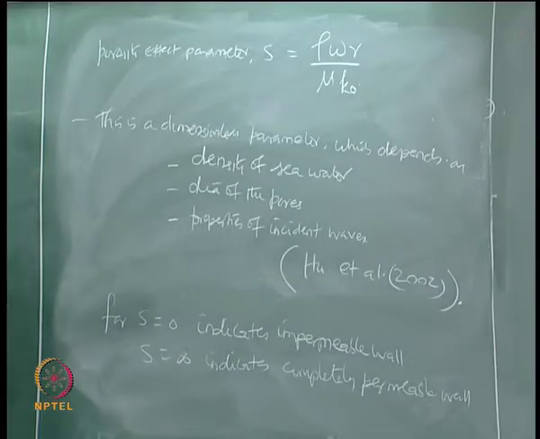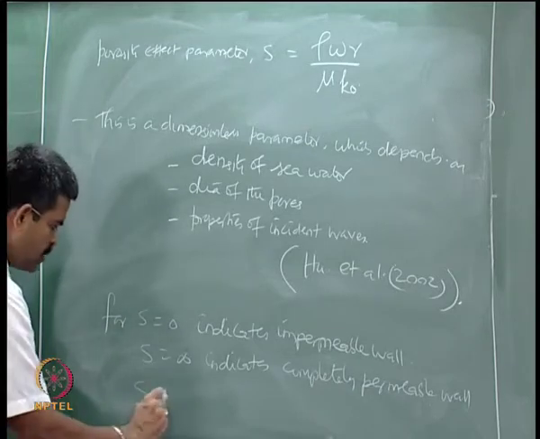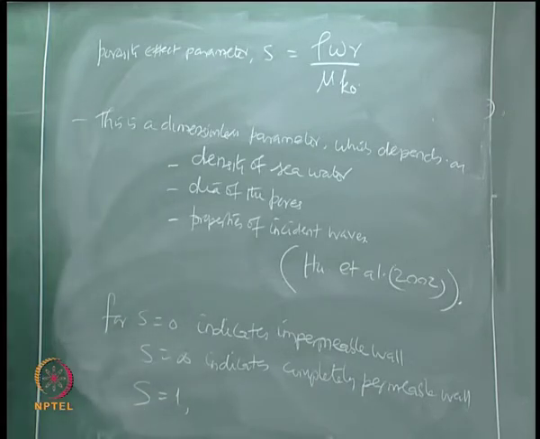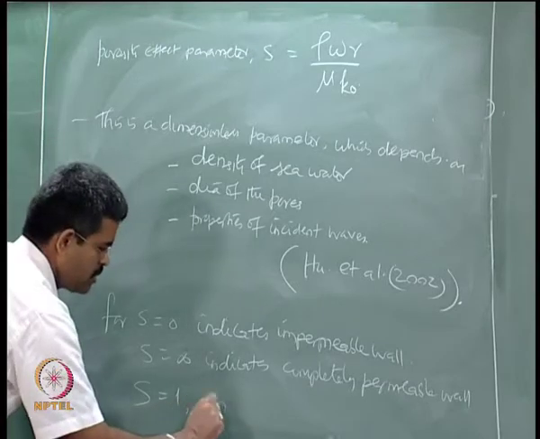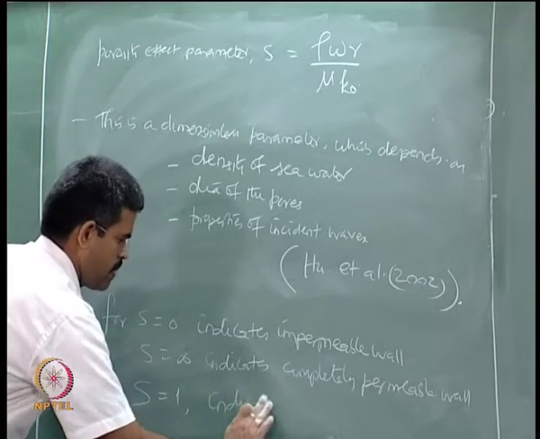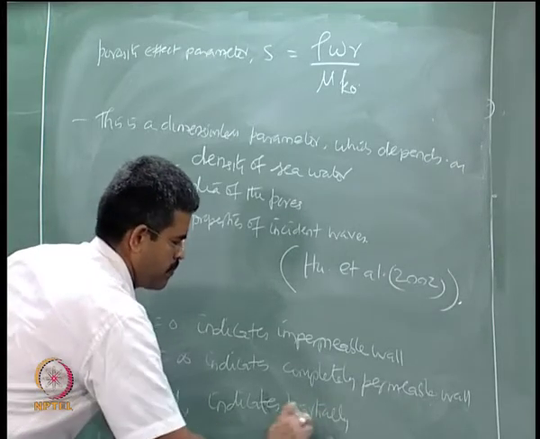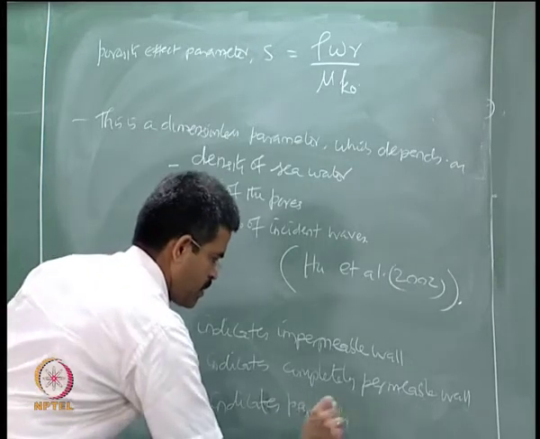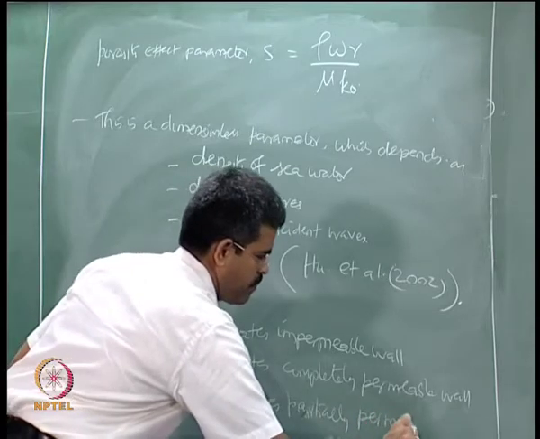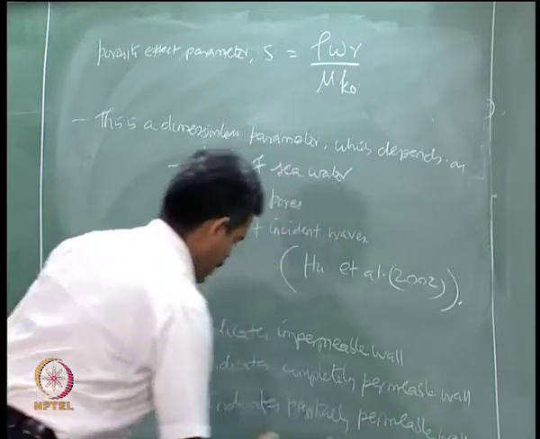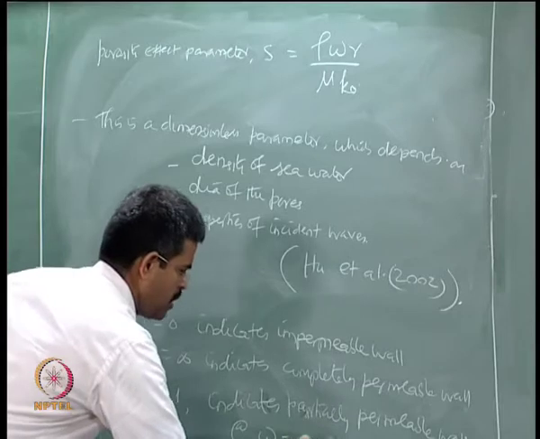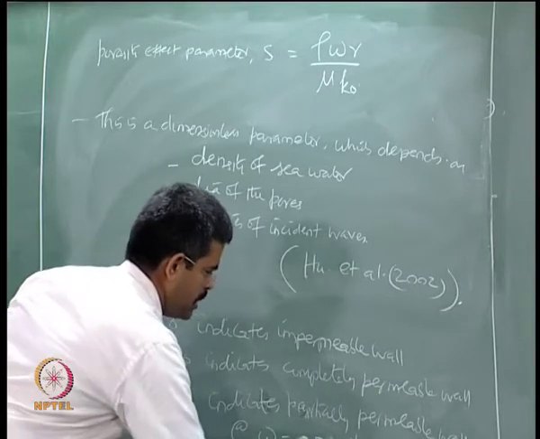In the present study we have assumed S is equal to unity, which indicates partially permeable wall at a specific frequency of 0.3 radians per second.